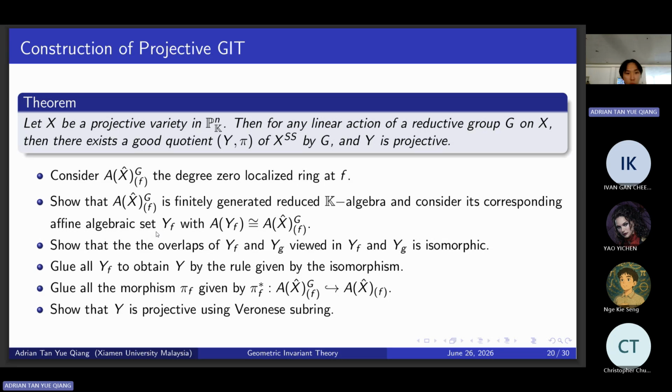So we have no choice but to go into the algebra of this bunch of localized rings. We consider degree zero because we don't want the scaling to ruin everything.